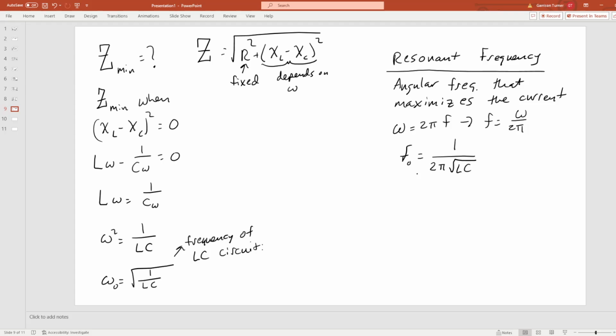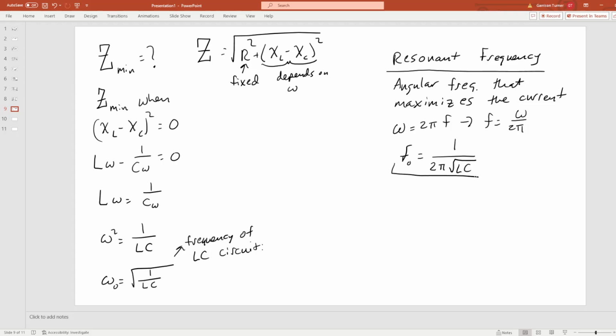So what happens at this point is the capacitive reactance and the inductive reactance have reached a balance where they have the same magnitude. And as a result, because they are 180 degrees out of phase with one another, they basically disappear. And therefore, your total impedance just goes to your total resistance, whatever your R value is. And this is the regular frequency at which this occurs.